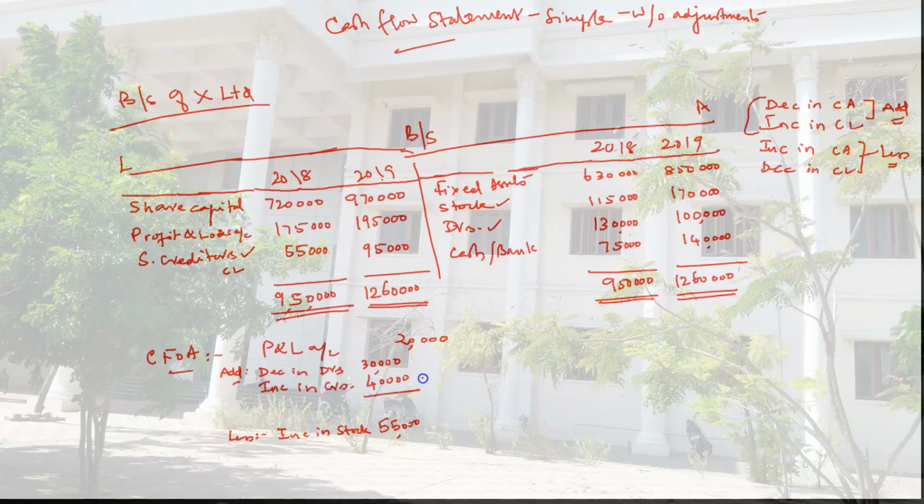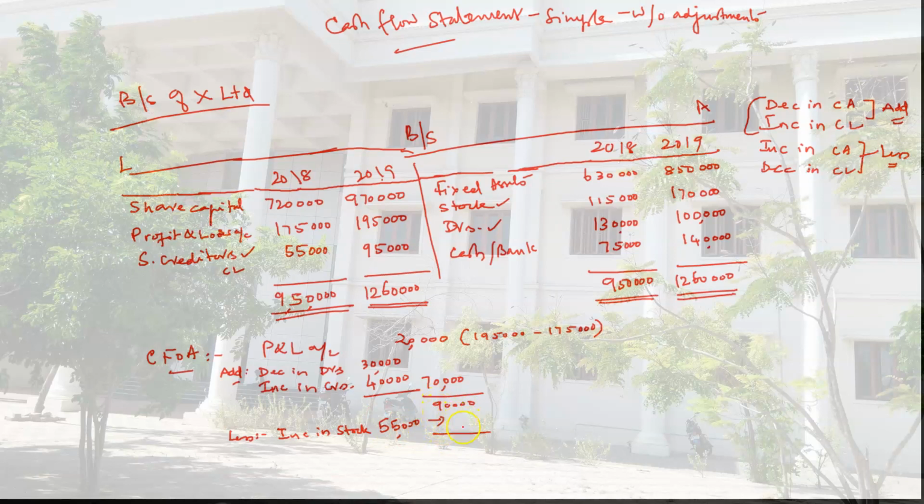The total 70,000 we add with 20,000, which is the difference between the profit and loss account balances 1,95,000 minus 1,75,000. So from this, I am just adding 70,000. So it becomes 90,000, less 55,000, that is the increase in stock.